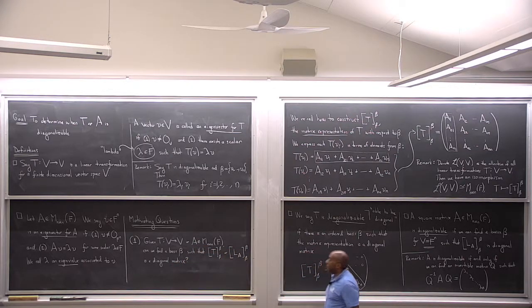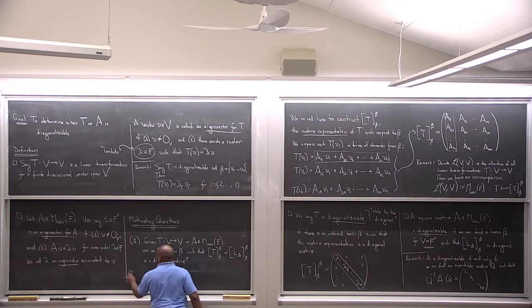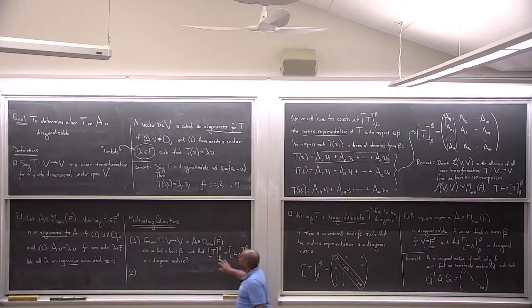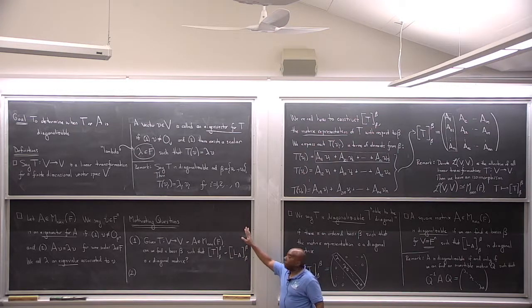So either given a linear transformation or a matrix, can we find a basis such that this works? Again, if we have such a basis, then its elements will automatically be eigenvectors, and so then we can find the corresponding eigenvalues.